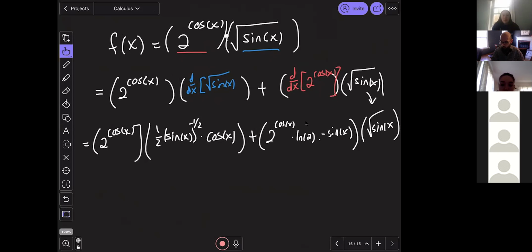Is the cosine x there because of chain rule, or is it there because of product rule? So this one, yeah, that's there because of chain rule. So if we think about this, so we're going to have to excuse our notation here.